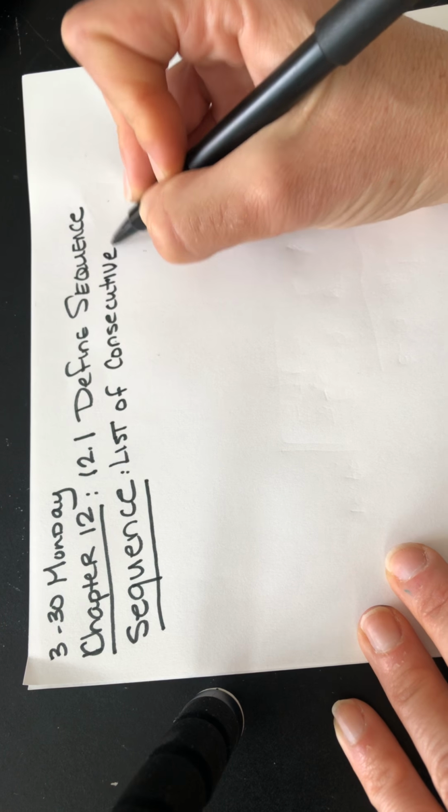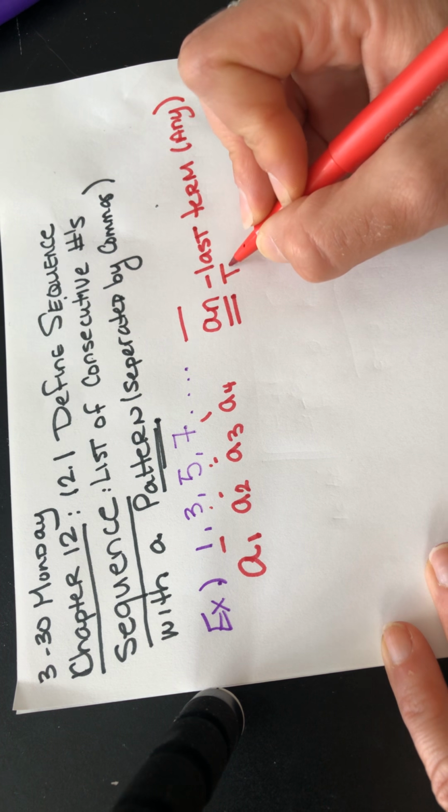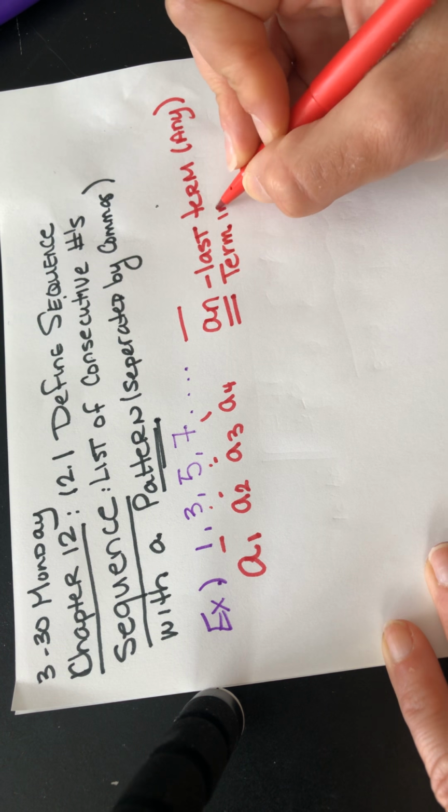This final term, which we have no idea what it is going to be called A sub n. So A sub n, again, is going to be our last term, or in this case, really, you can use it as any term in the sequence. We just don't know what it is.